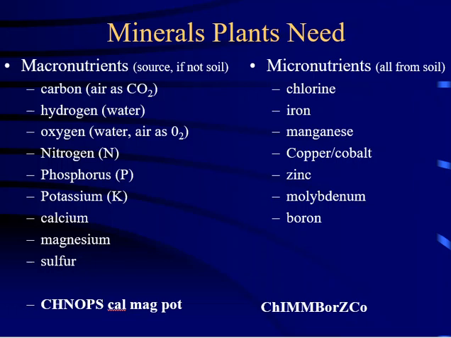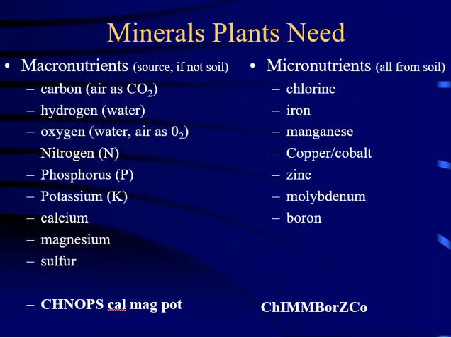So the last 6, nitrogen, phosphorus, potassium, calcium, magnesium, and sulfur, those are 6 macronutrients that are needed by plants. They need to get those from the soil, and in many cases, the soil does not have the appropriate amounts for the plant, so we have to add those via a fertilizer.